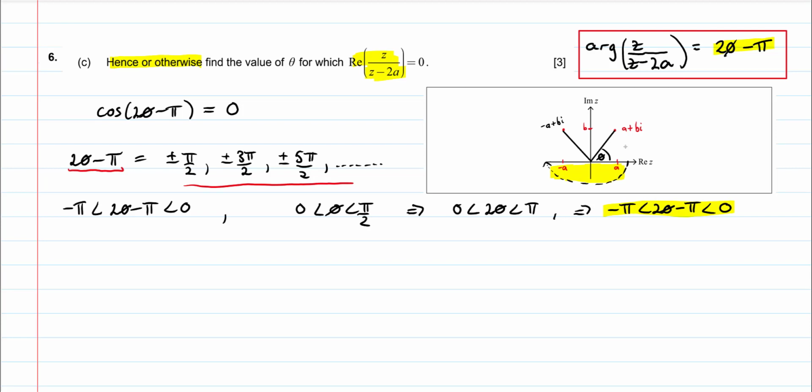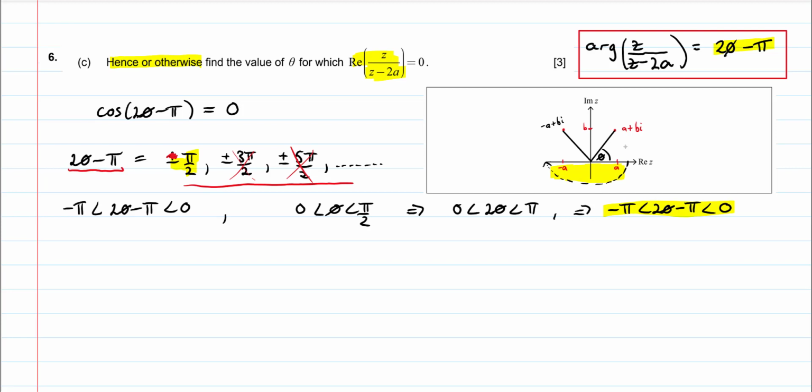It can't be any of the positive numbers up there. It can't be positive pi over 2, positive 3 pi over 2, etc. The only one that works is negative pi over 2. Not any of the other ones, as they won't satisfy that inequality.